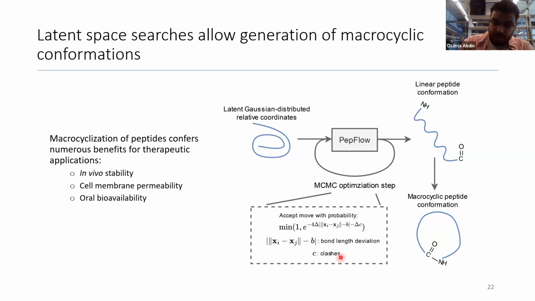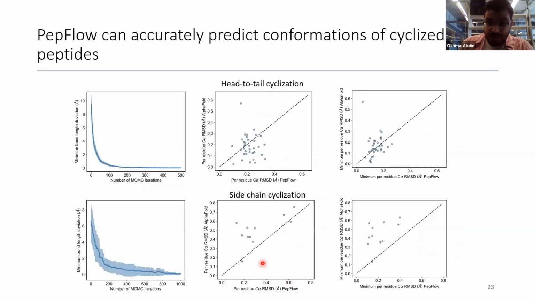We also include an auxiliary clashes term to avoid moving to essentially garbage that contains a large number of clashes, or a supercollapsed conformation.